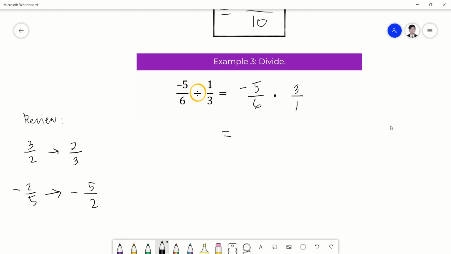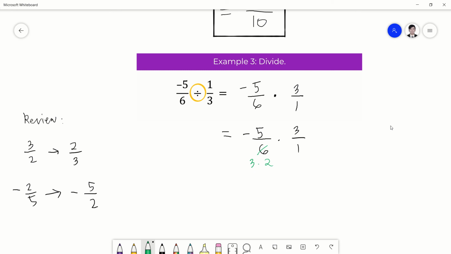Now you can simply follow the usual way, like for example, negative 5 times 3, you'll get negative 15/6, and then simplify afterwards. On my end here, since the numbers are still small, I would like to use this opportunity to simplify as early as now. As we all know, 6 has a factor of 3 and 2.